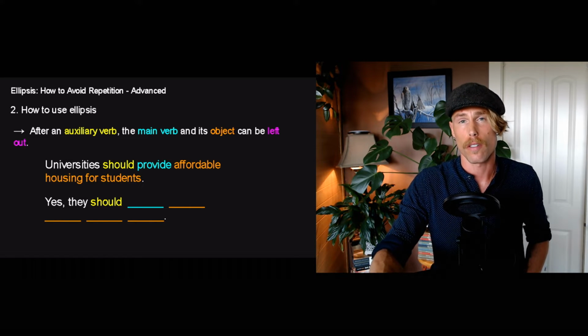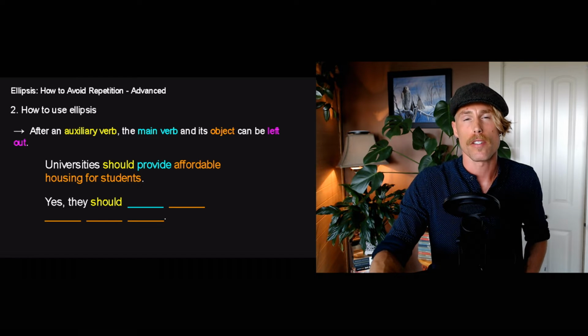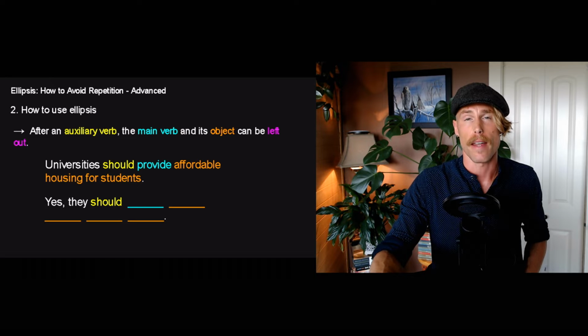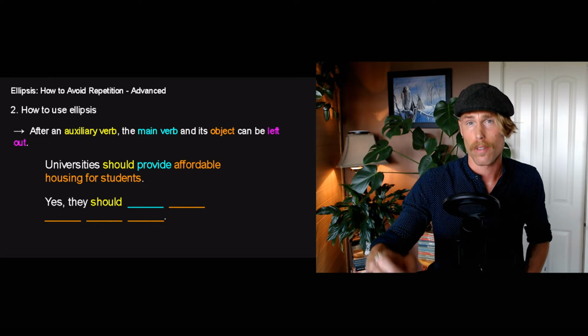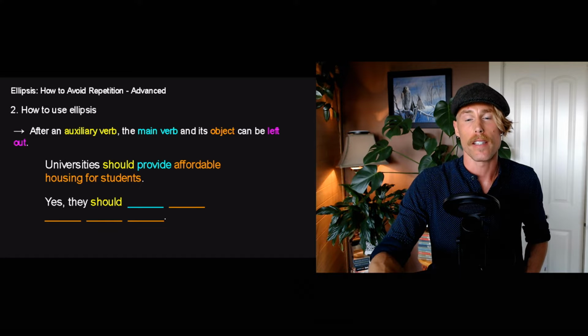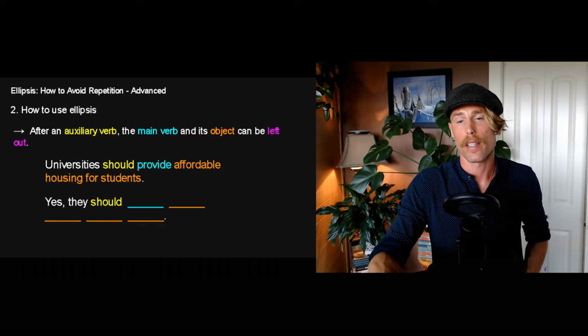Those are all correct, but it's most common to use pronouns because, again, pronouns also save time and avoid repetition, as you hopefully already know. So yes, they should. We leave out the main verb, we leave out the object, and we keep the auxiliary verb.